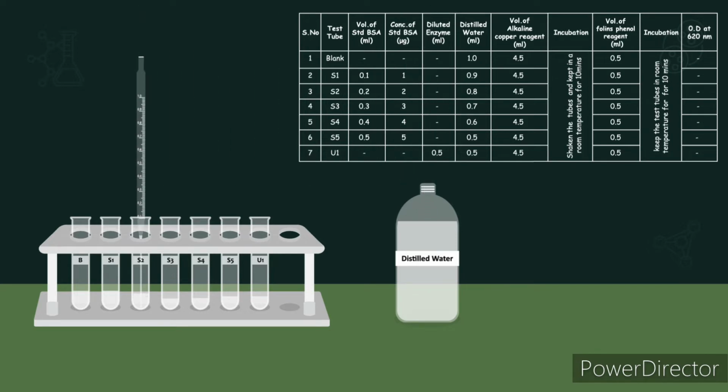The protein, the enzyme, and the alkaline copper reagent are incubated for 10 minutes, followed by the addition of phenol reagent, which is again incubated for 10 minutes before being read out at 620 nanometer.